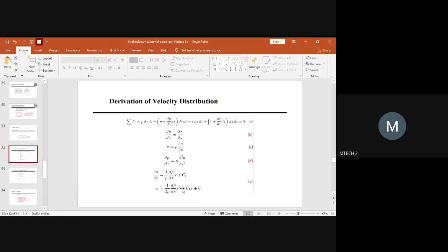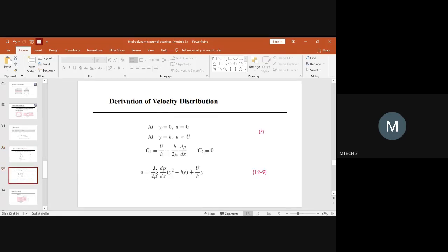The remaining part here is y square, so you will write it as y square here. When you have taken 1 by 2 mu into dp by dx outside, you can retain the value remaining here as h into y, and plus you will be having u h by y here. This is a separate part, so you will take it as u by h into y.